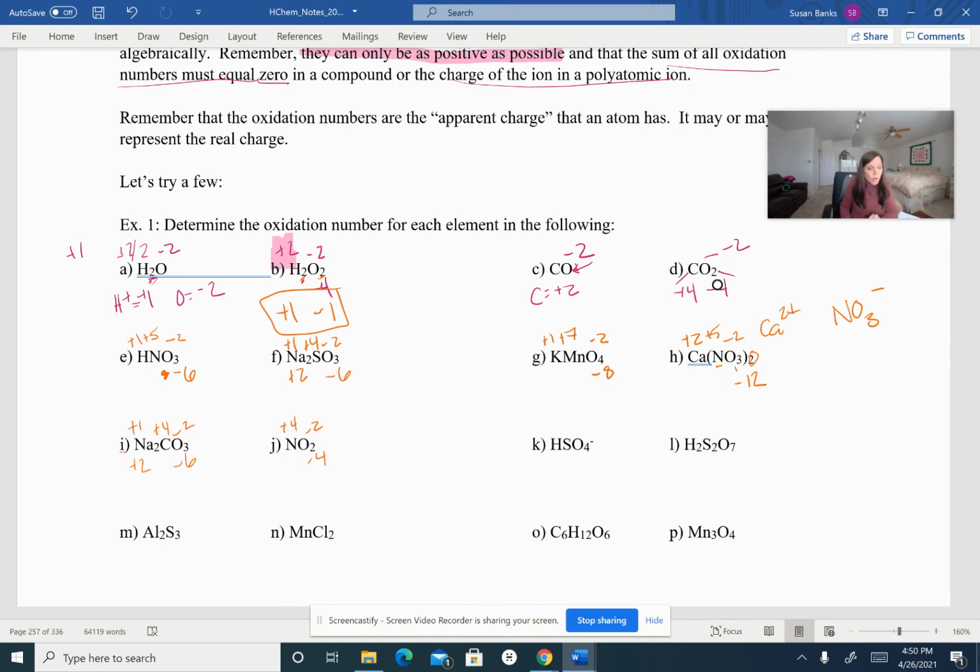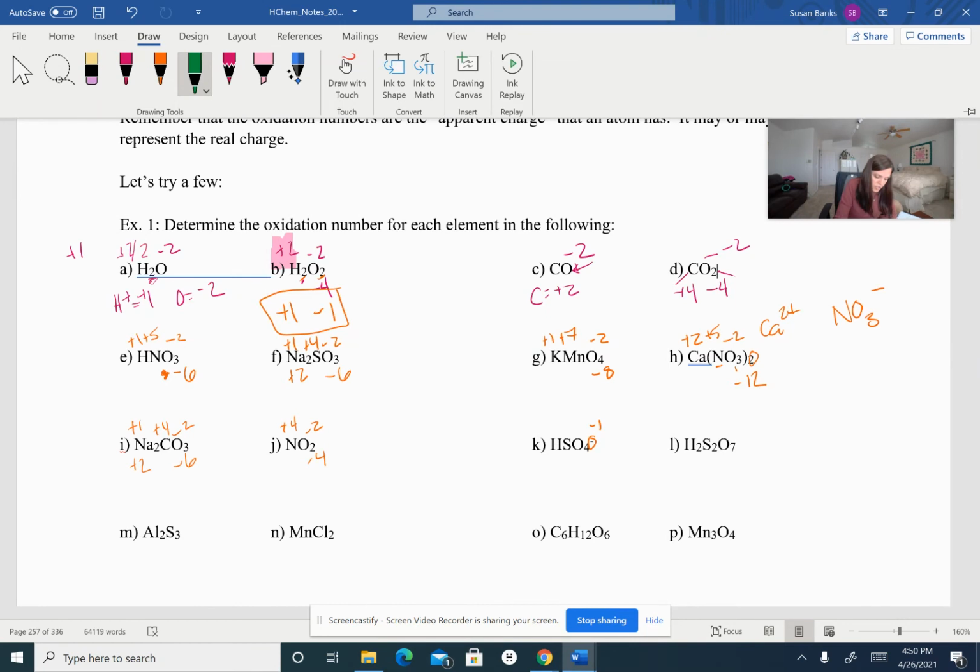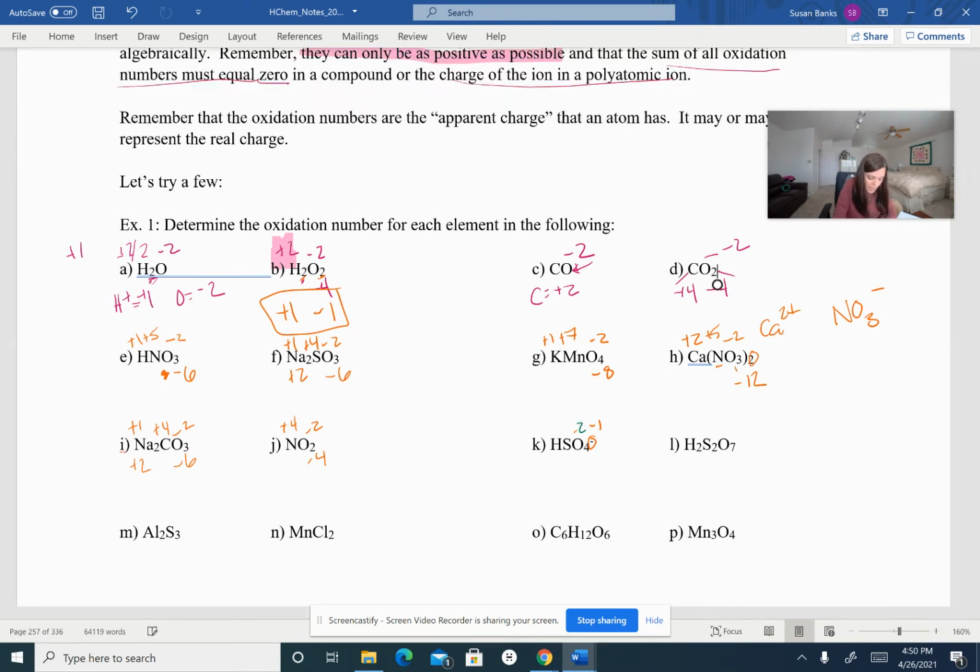Now, we've got one with a charge. See that little dash right there? That's a -1. So this whole thing is going to have to add up to -1, not 0, but the charge of that ion. So we're going to start with oxygen once again. Oxygen is a -2, and I've got 4 of them, so that gives me a total charge of -8.